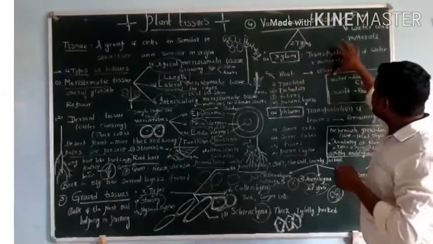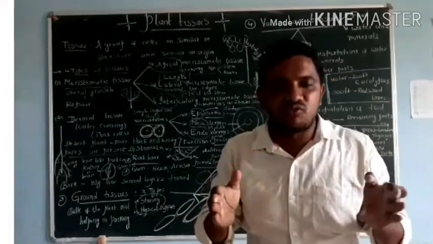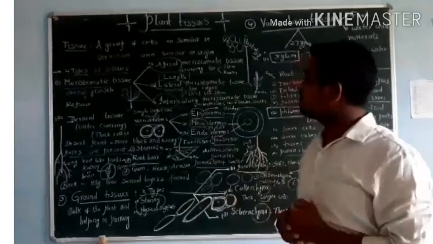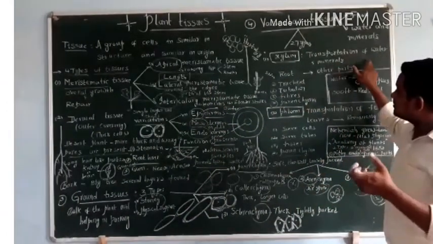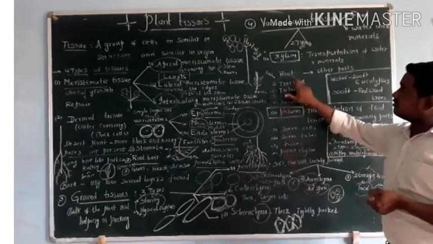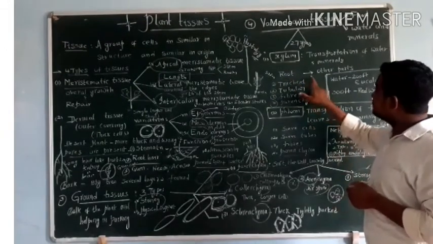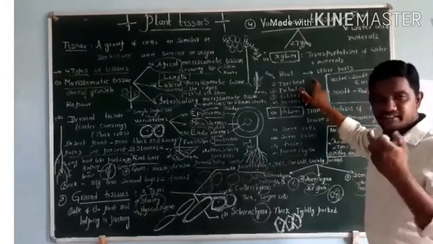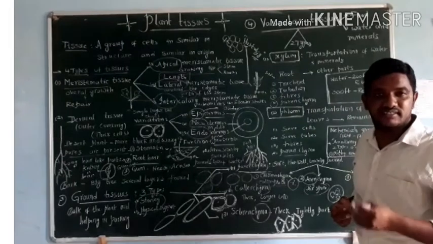What is xylem tissue? The tissue that helps in transportation of water and minerals is called xylem tissue. The root absorbs water and sends it towards the other parts of the plant. Movement of water and minerals in the plant body is unidirectional.